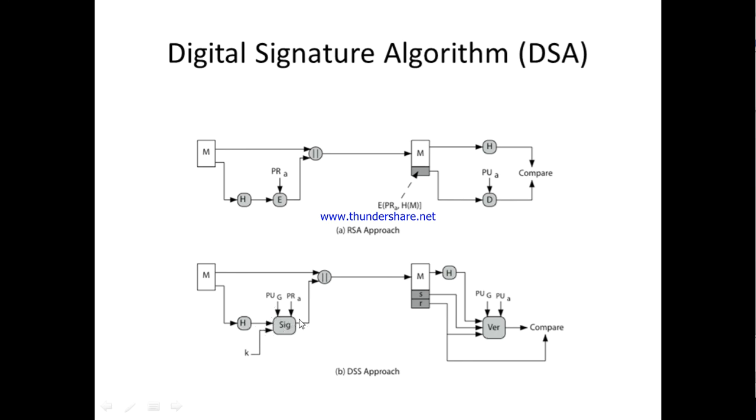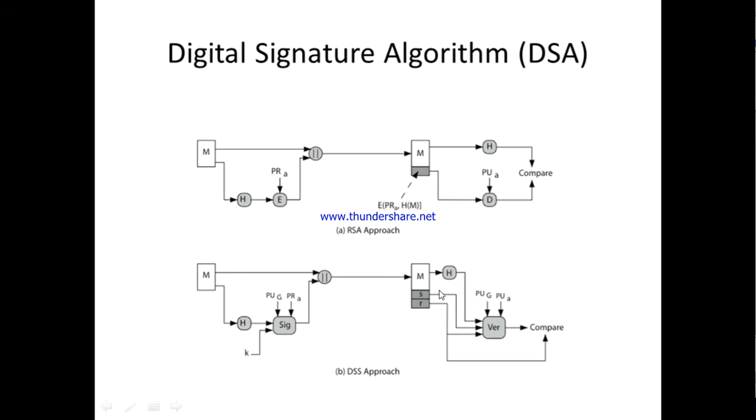This signature function uses the private key of A and the public key of G, signing, and this signed message is concatenated with the message and transmitted. Now when it performs the signing, it generates two parts, S and R.